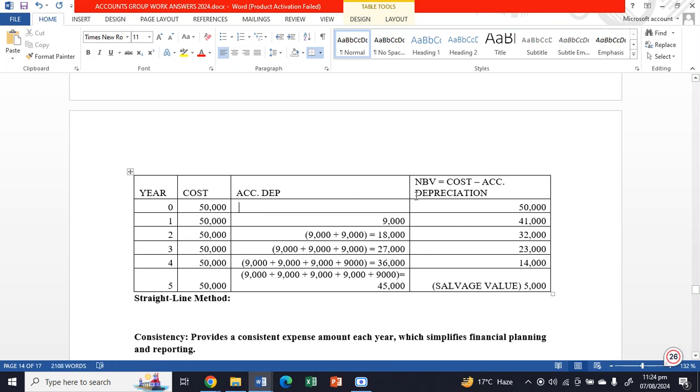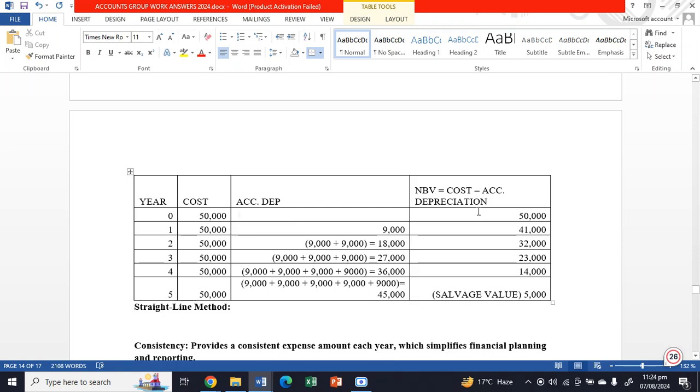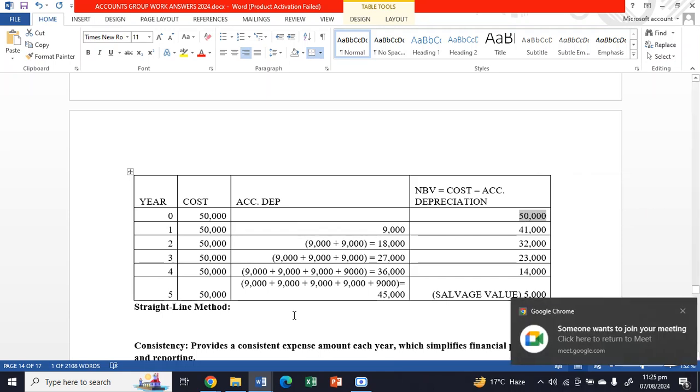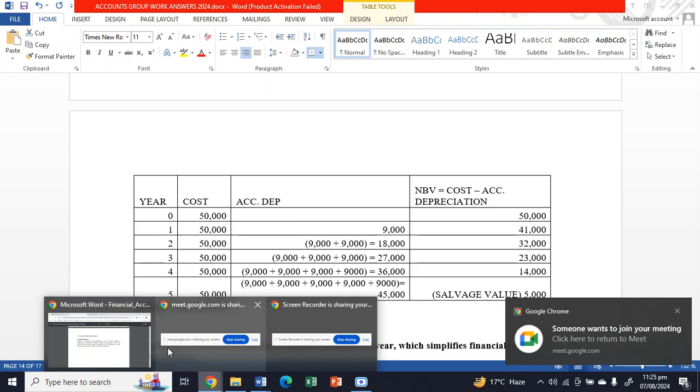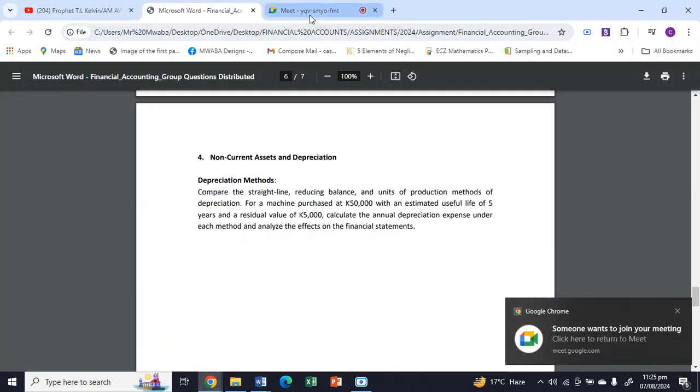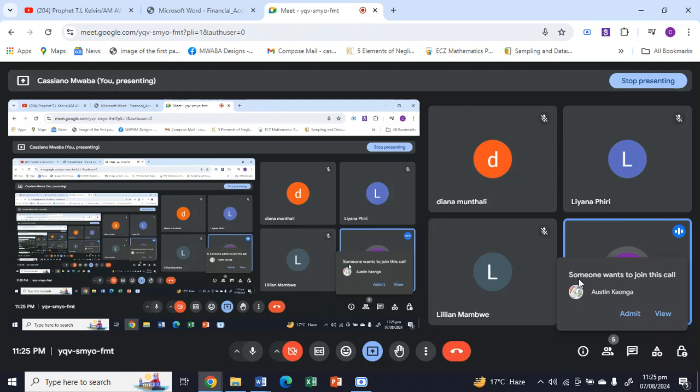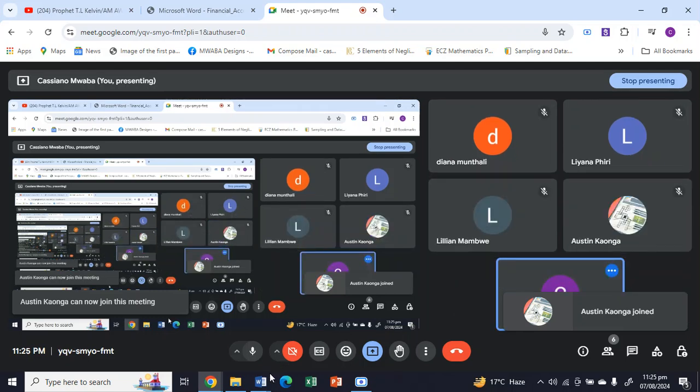The net book value, which is the cost minus the accumulated depreciation, is 50,000. When you purchase the machine on the first day of year one, there's no accumulated depreciation, so the net book value stays the same.